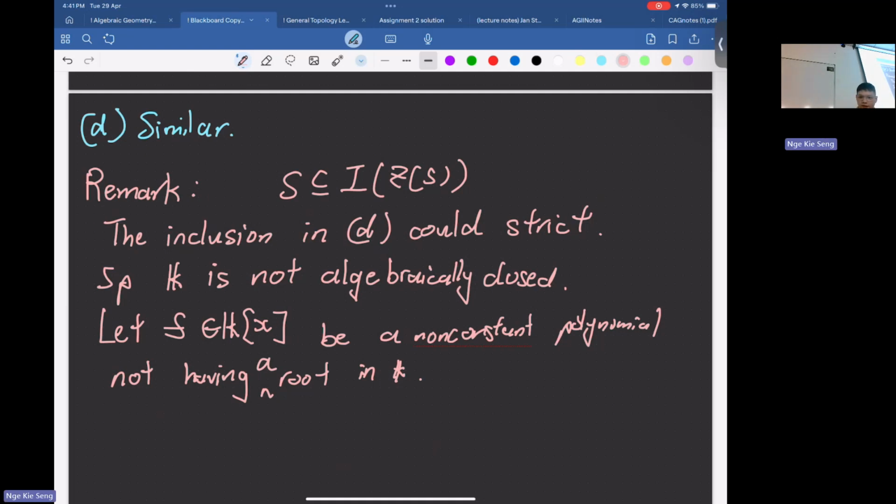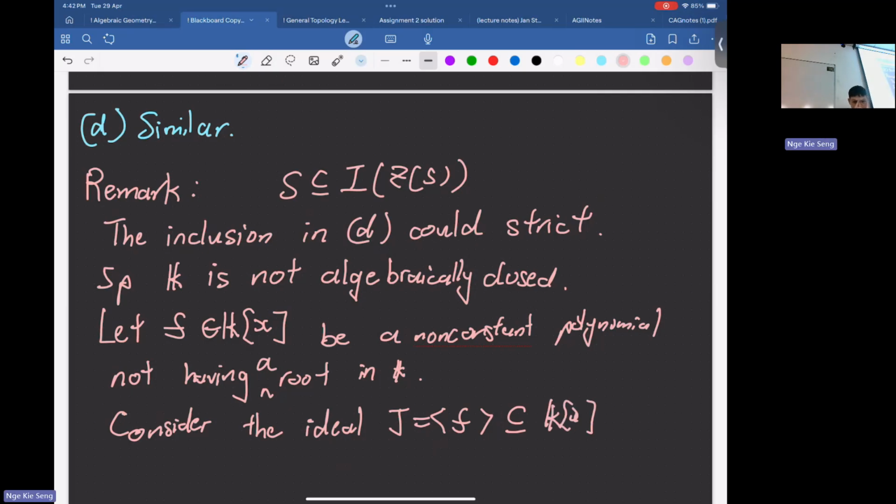In particular, let's consider the ideal J generated by F. First of all, here it is not unique, so for sure J is not the whole ring.